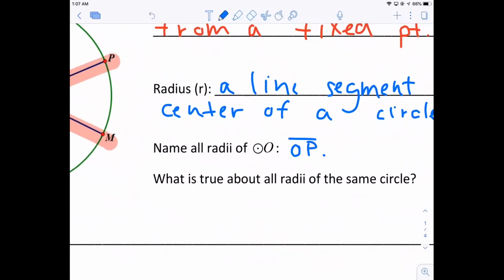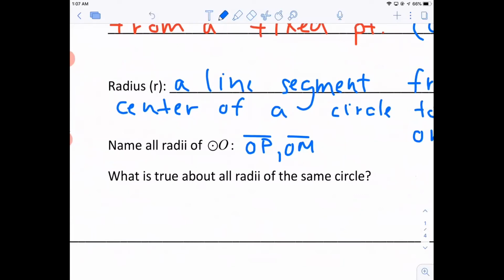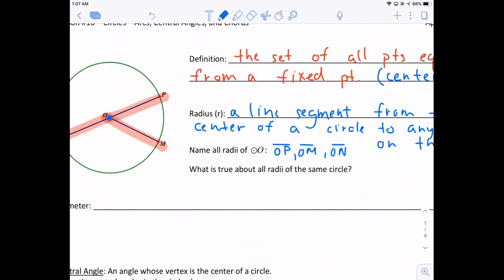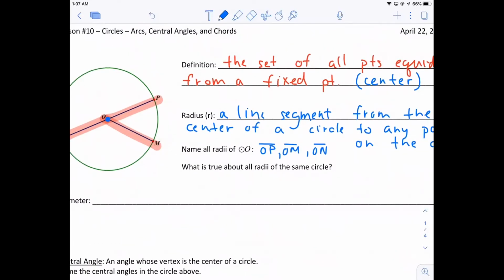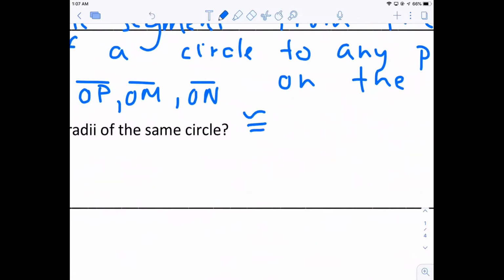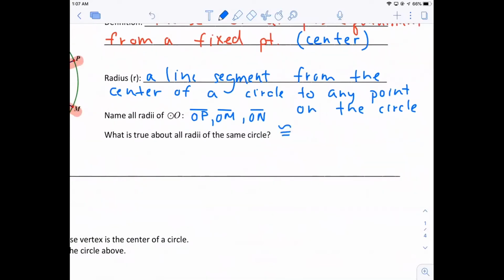So OP, OM, and ON, those are our radii. What is true about all radii of the same circle? We've talked about this many times. We know all radii are congruent. We've used that definition a whole bunch when we did constructions, to justify constructions, things like that.